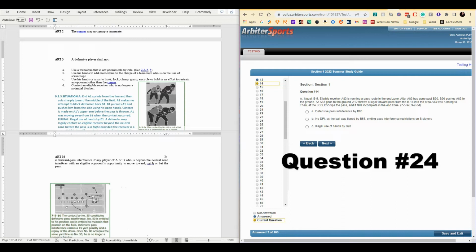And then to complicate matters just a little more, the test taker decided that at the line of scrimmage, B55 tips the pass, and it falls incomplete in the end zone. So that if B tips the pass, then we don't have any DPI restrictions. But that's sort of a misdirection.